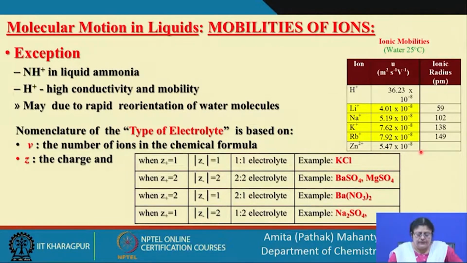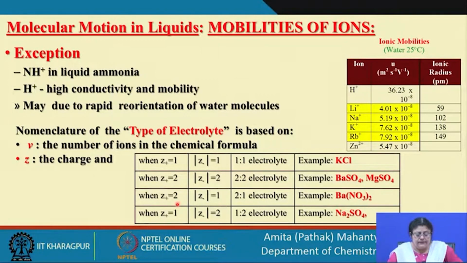When we have a 2,2 electrolyte, the generated cation and anion both have a value of 2, like magnesium sulphate or barium sulphate. These are two examples.